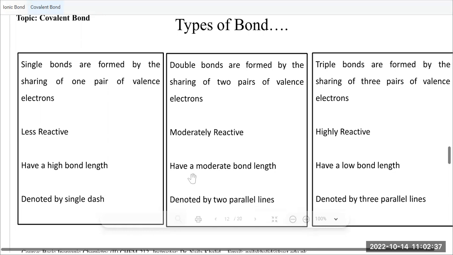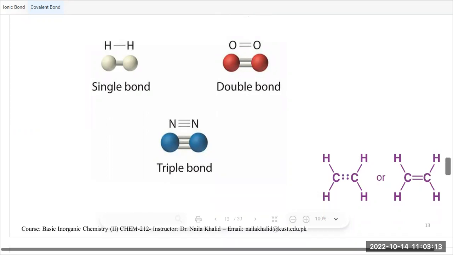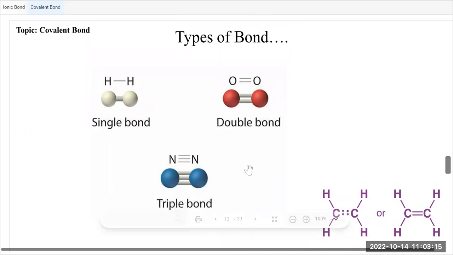A single bond is denoted by a single dash, a double bond by two lines, whereas three lines are used to denote a triple bond. So this is the end of the lecture. Here at the end you can see examples of single covalent bond, double covalent bond and triple covalent bond. This shows that the covalent bond is present in various molecules.